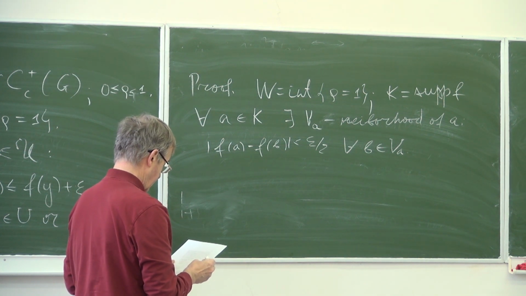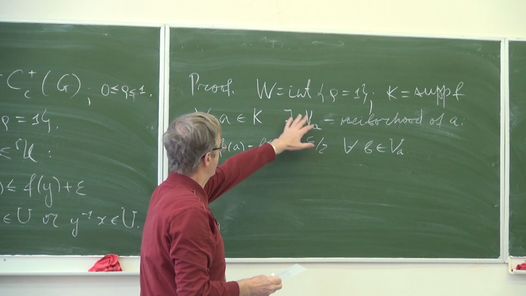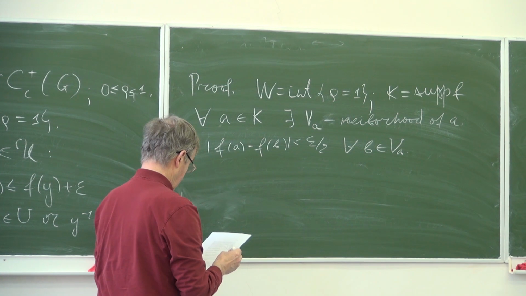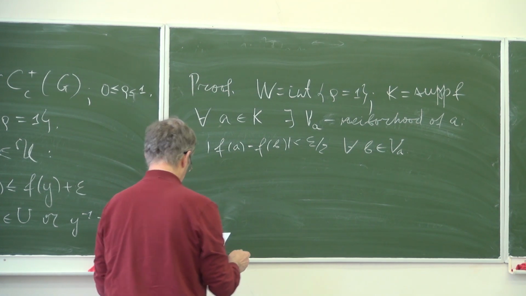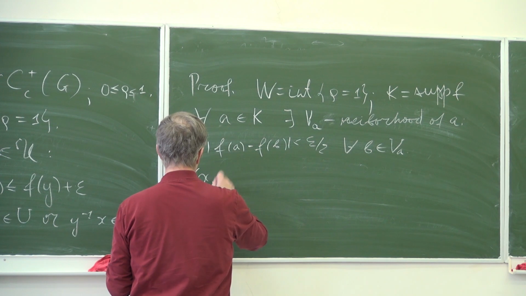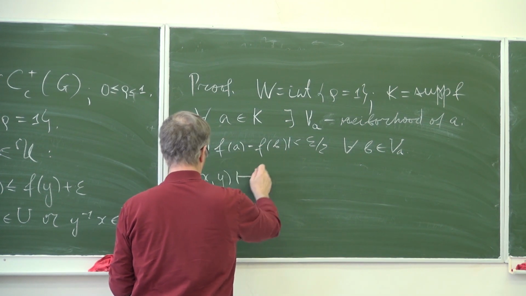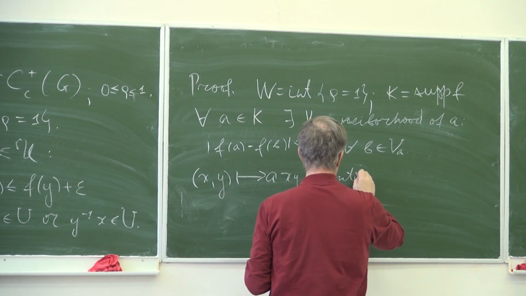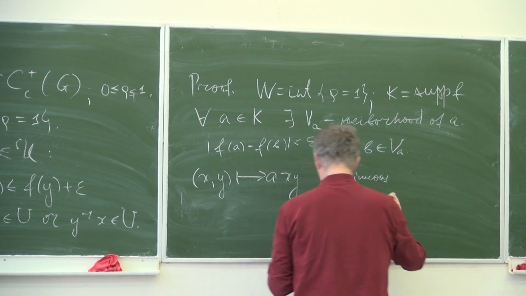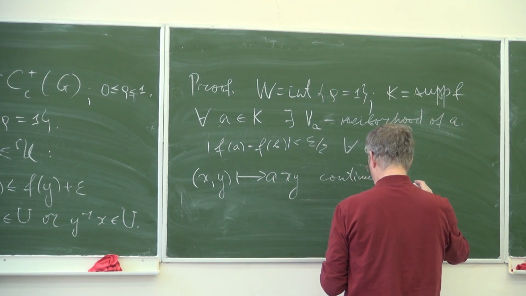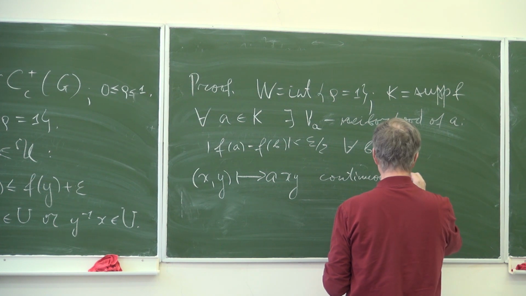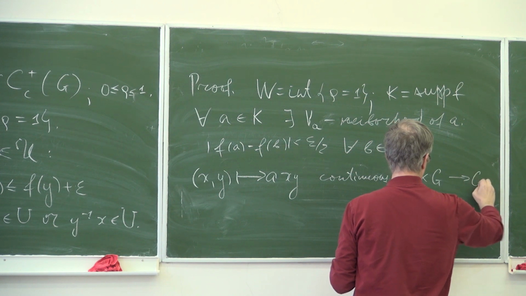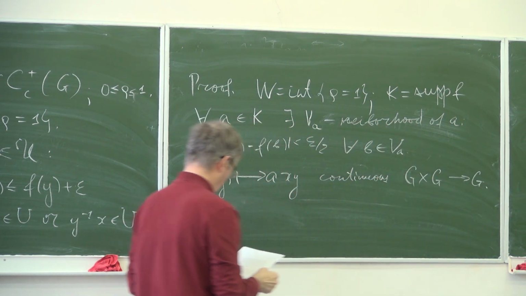Well, okay, we find such a neighborhood for each a in K, and then we use the fact that this map is continuous from G cross G into G, surely.